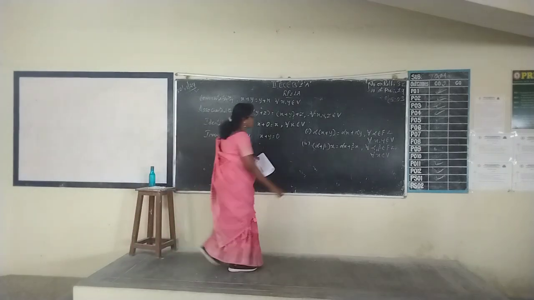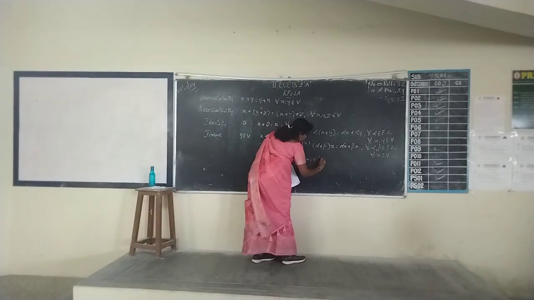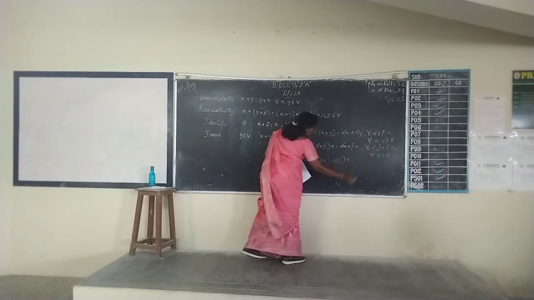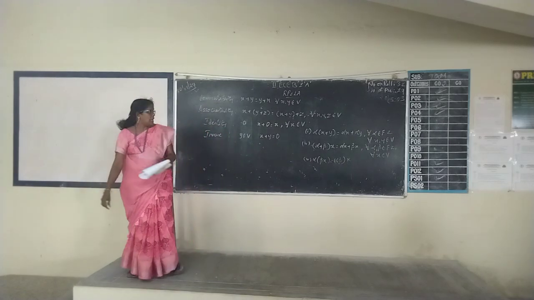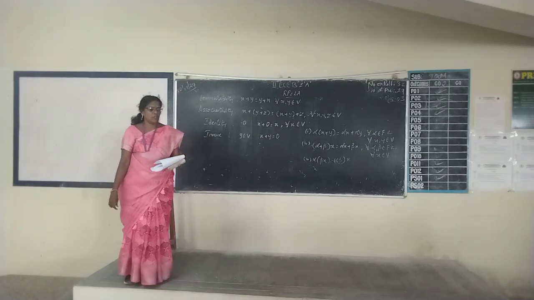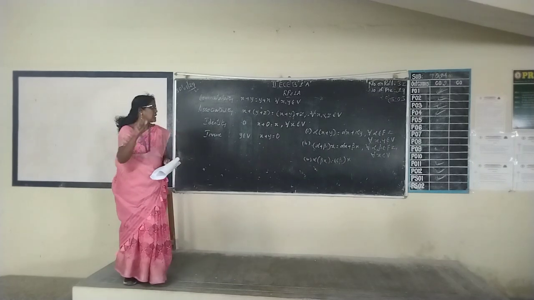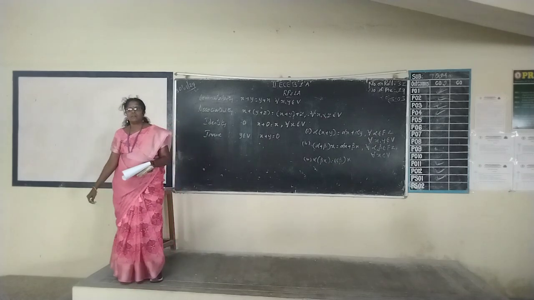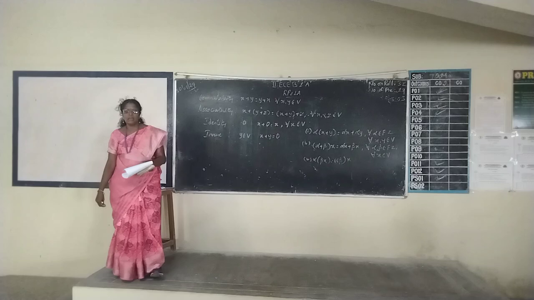The third one will be based on multiplication. Third one: alpha into beta x should be equal to alpha beta into x, for all alpha, beta belongs to F and for all x belongs to B.